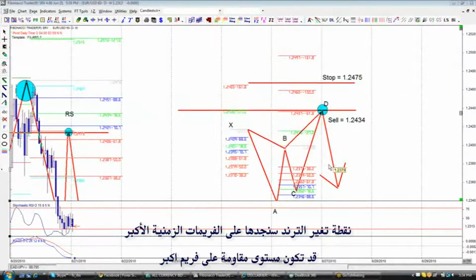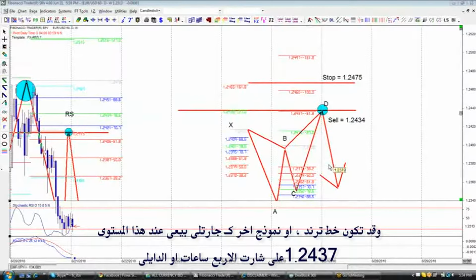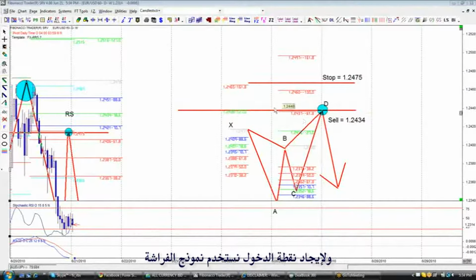It could be resistance level from higher time frame, it could be trend line, it could be another pattern. Let's say we have a sell Gartley at this level 124.35 on a 4-hour or daily time frame, and we want to fine-tune the entry. We can use a butterfly to fine-tune that entry.